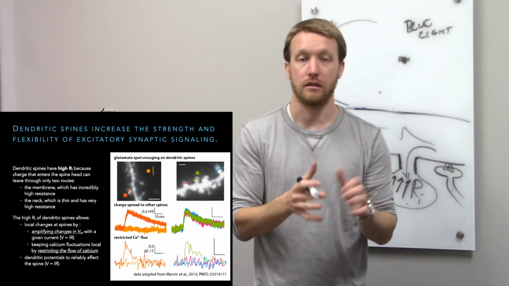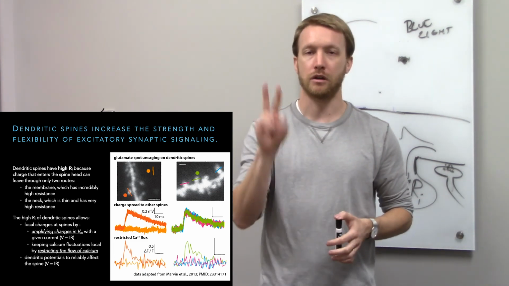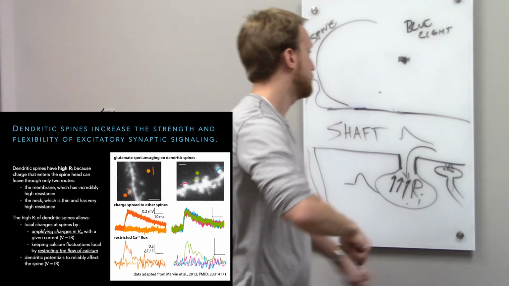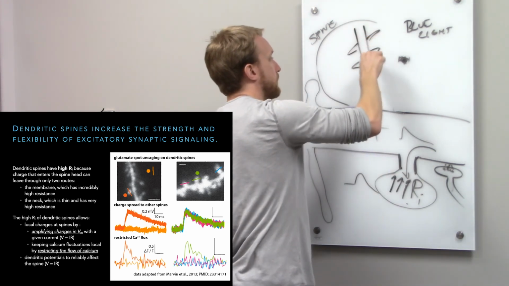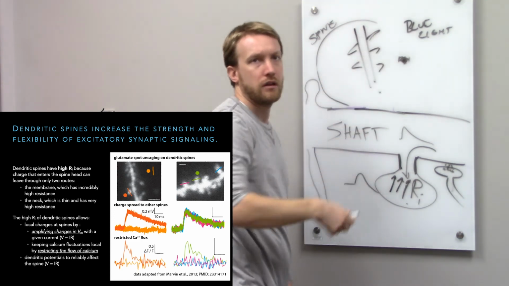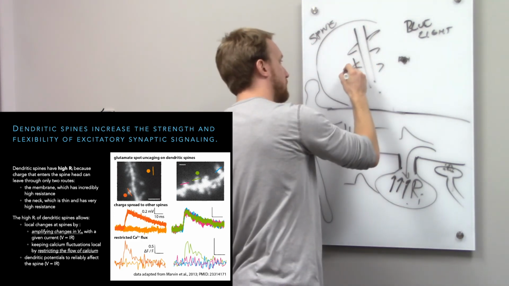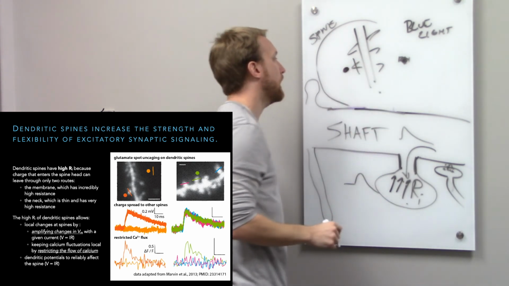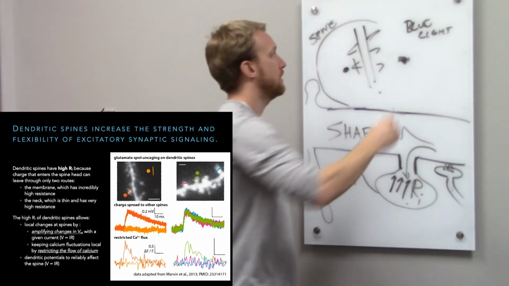So let's look on the left. This is just essentially a control experiment. We're going to look at two spots. Here you can see a dendritic shaft, and there's some spines coming off. And then there's an area of nothing. So the red, pinkish one, they're uncaging with light, flashing glutamate onto a spine, and they're looking at the spine.